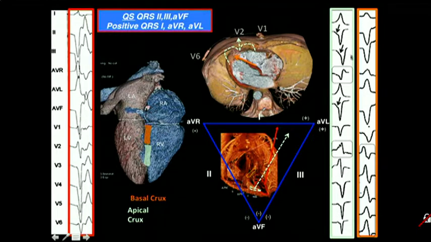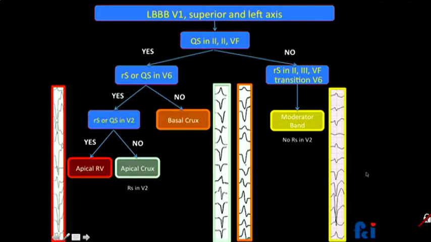He describes them in this way: D2, D3, AVF totally negative, D1 negative, but they make an early transition at V2, and that gives a pattern break of the activation of the precordials that somehow suggests epicardial origin.